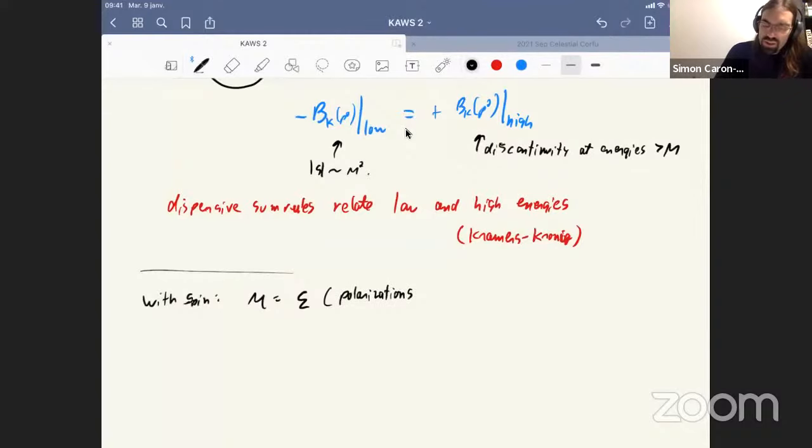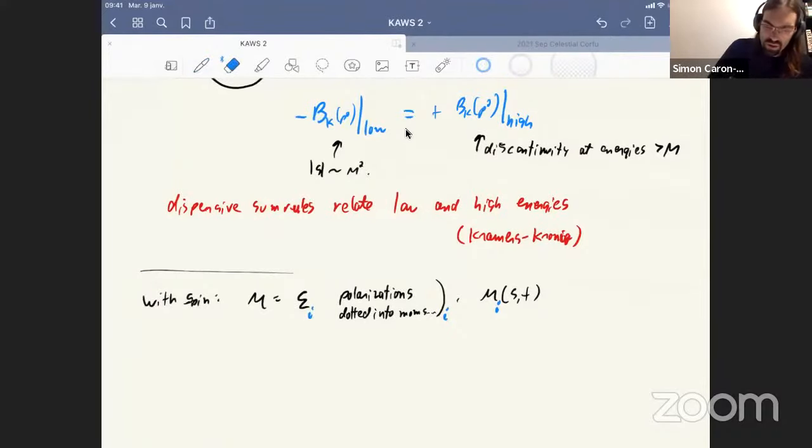And polarizations can be dotted into each other or into momenta, times things that only depend on Mandelstam variables. And you could have various of these structures. When you scatter particles with spin, you have these two ingredients, and it's often convenient to separate them.